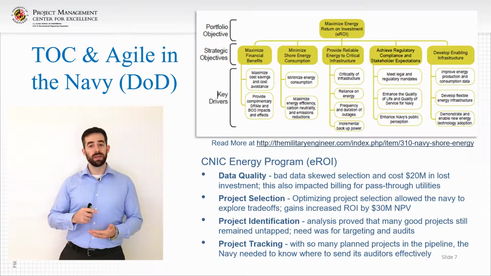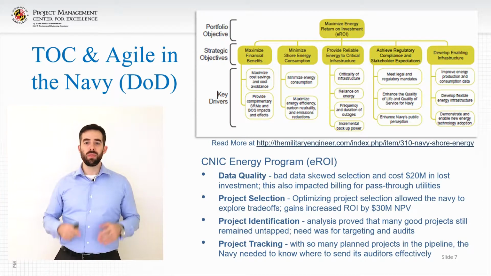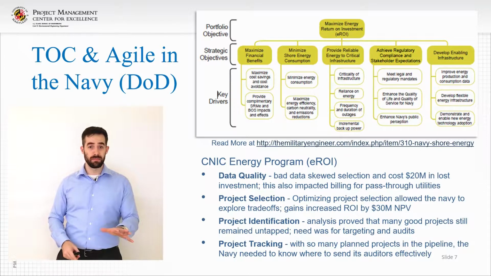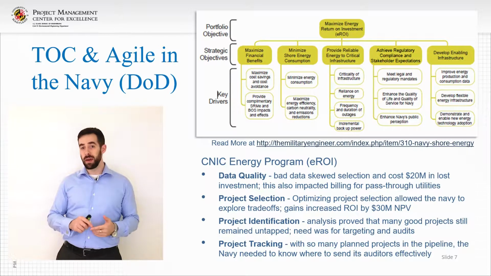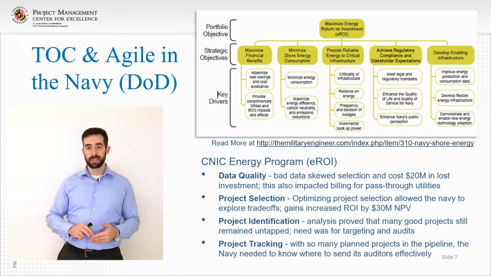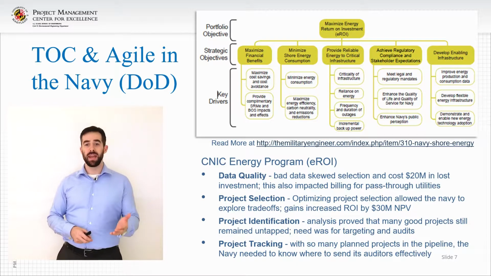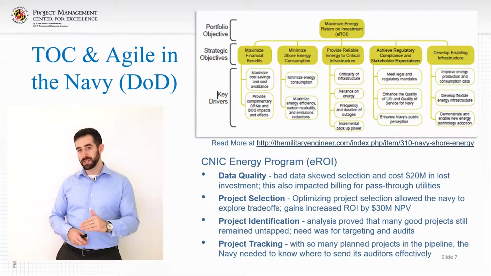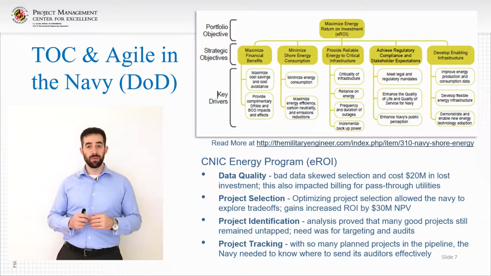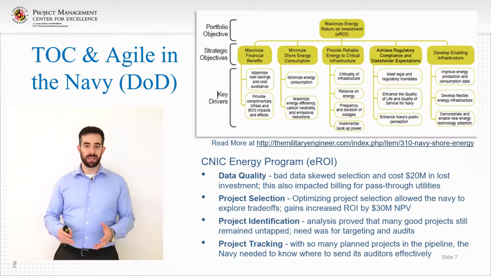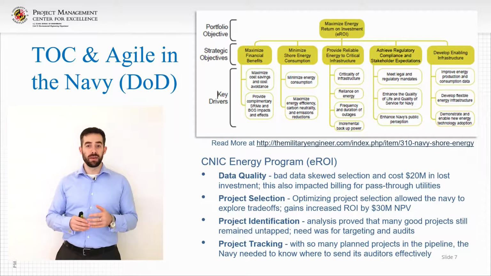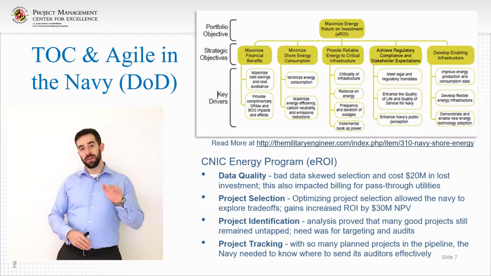The first step was to improve their data quality. That was essential because their data was not in good shape. In that process, we were able to correct a number of measures that identified project feasibility and helped to avoid a bunch of bad projects. Then the next step was to improve the project selection process. One of the biggest things identified was the EROI formula that was being used to rank the different types of benefits a project could offer.